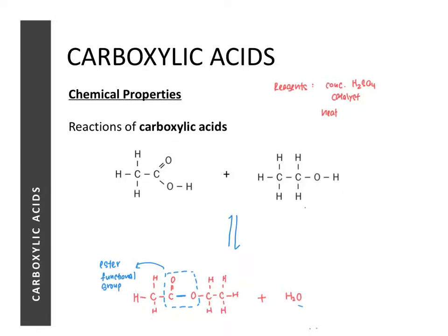The forward reaction is known as esterification, meaning the formation of an ester. The name for the backward reaction is called hydrolysis. Meaning after an ester is formed, it can react with water and undergo hydrolysis to form back your acid and your alcohol.